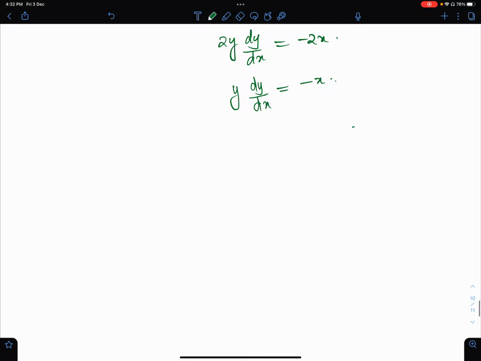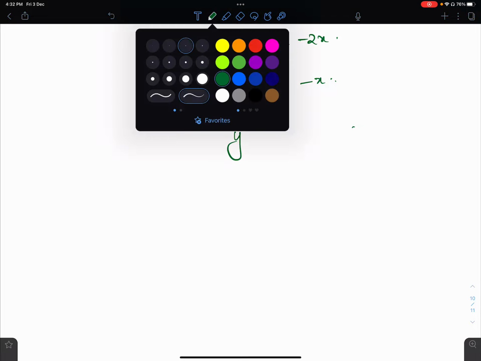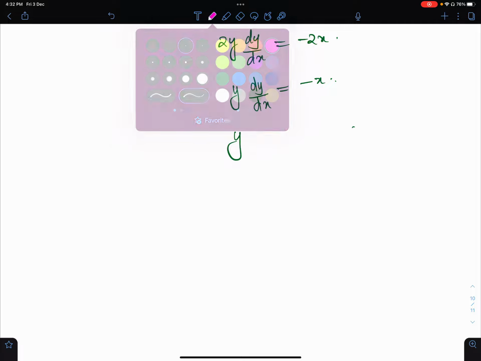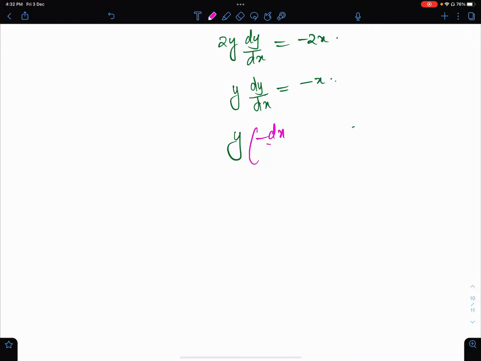So I'm going to change this part. I'm writing in a different color so that you will not miss this step. So y times minus dx by dy equal to minus x. So it is minus y dx by dy is equal to minus x.